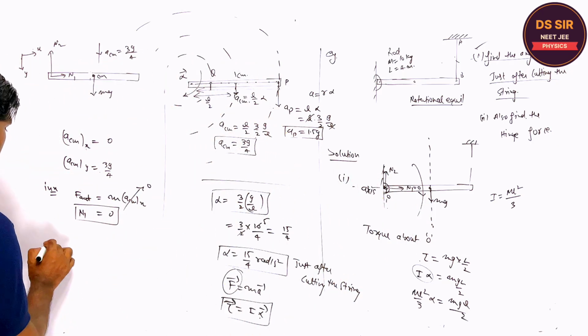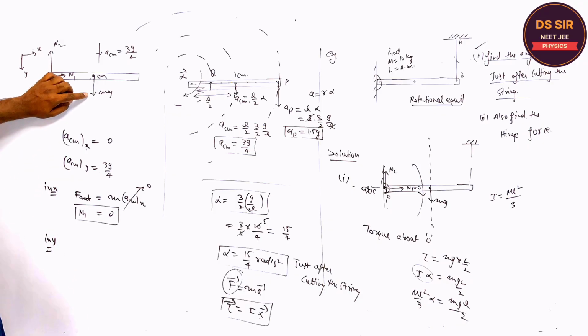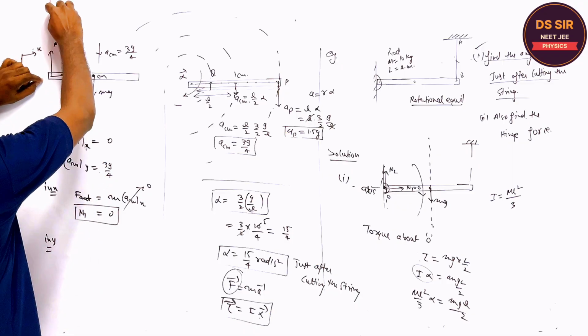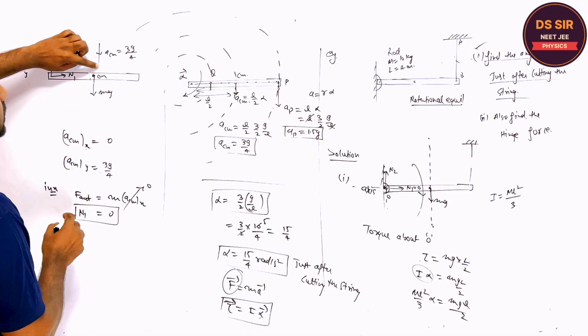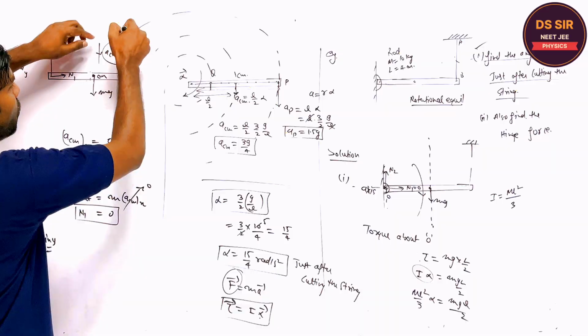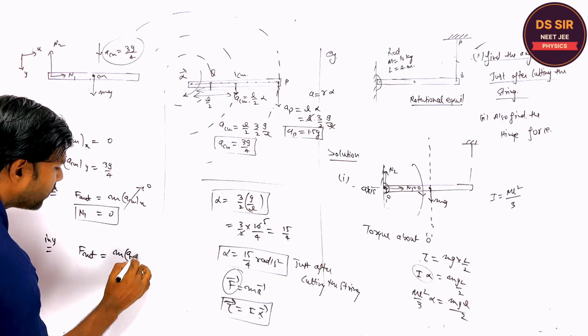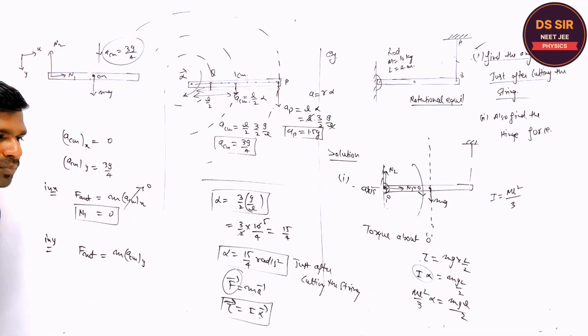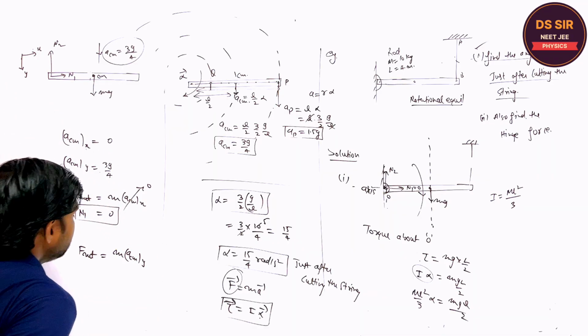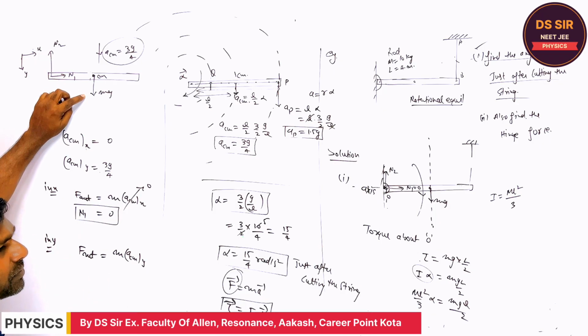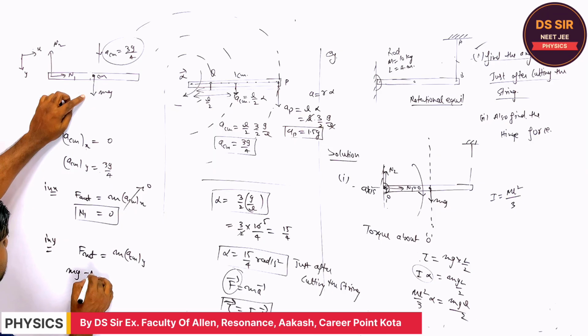Are you getting or not? But in the y direction, how many forces are acting? The mg downward and N2 upward. And what is the acceleration of the center of mass? It is vertically downward. So in the y direction, the net force is equal to m into acceleration of the center of mass in the y direction. What is the net force in the y direction? mg minus N2.